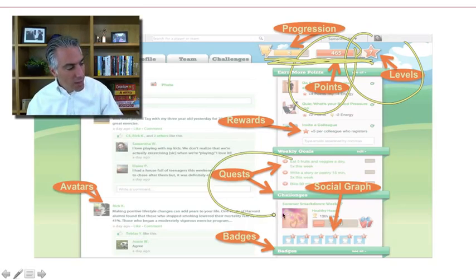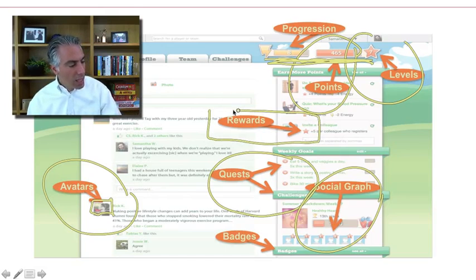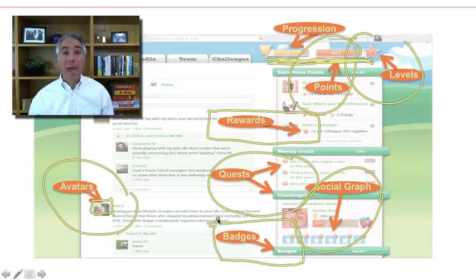Similarly, here are the quests that you go on. Here's the social graph, seeing what your friends do. Here are the avatars, the visual graphical representation of each participant. Here we also see rewards. If you do certain things in the game, you get more points or you get other benefits. And down here, you can't really see it on the screen, but you see the label for it, badges.